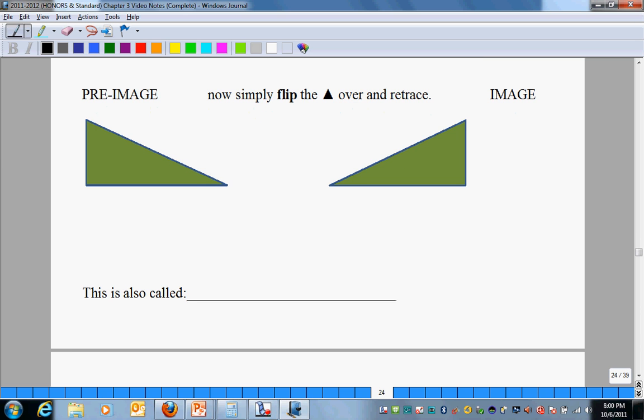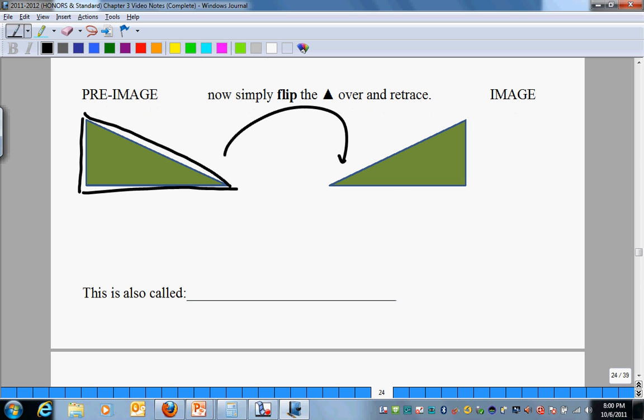The second motion, trace the pre-image. Now imagine if you flipped it straight over, like you're going from heads to tails on a coin.